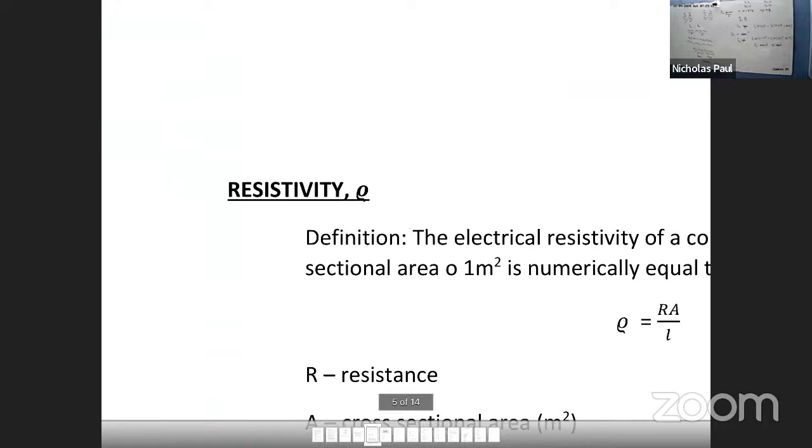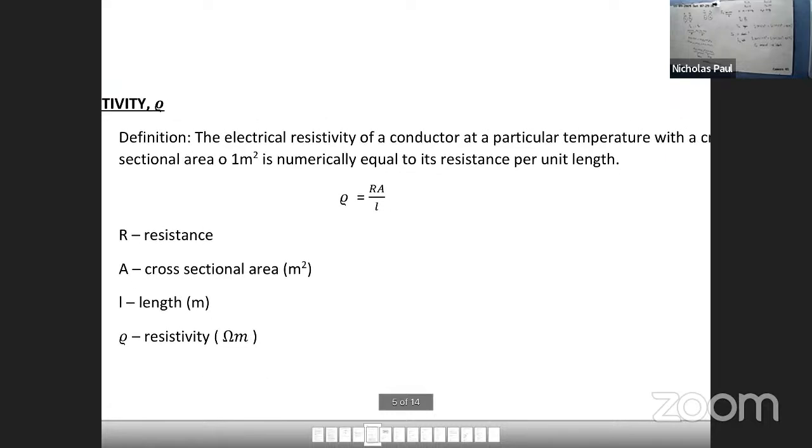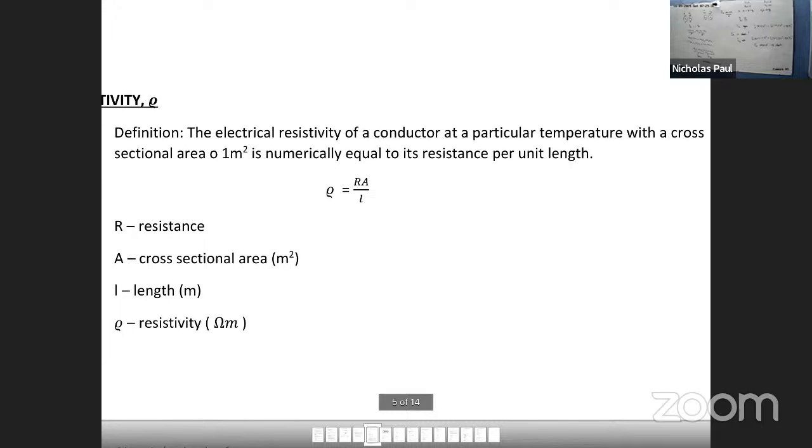All right, so the electrical resistivity of a conductor at a particular temperature with a cross-sectional area of 1 meter squared is numerically equal to the resistance per unit length.